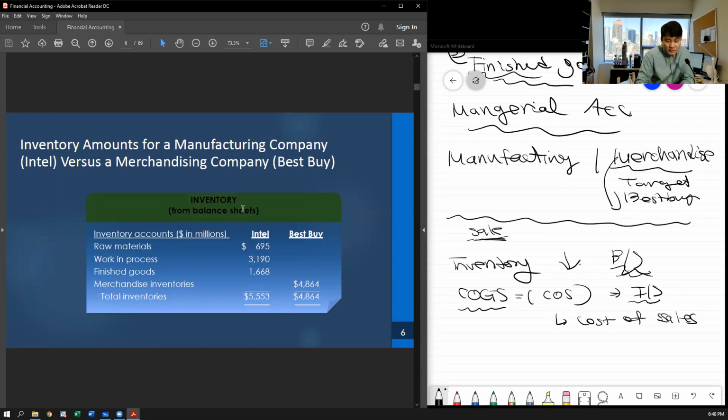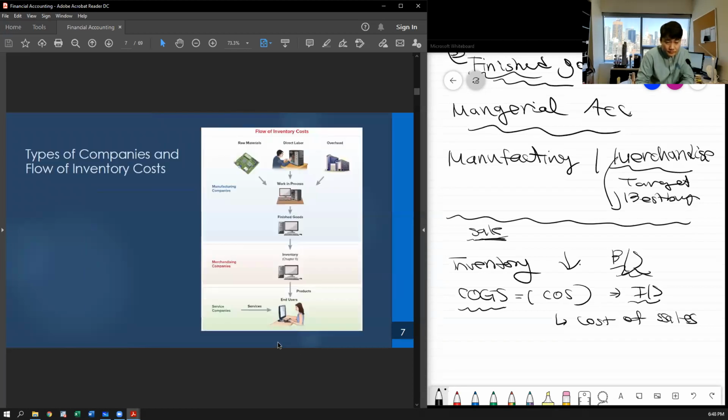If you're a manufacturing company, just like Intel, there will be raw materials, work in process, and finished goods to give you the total inventories amount. Whereas for Best Buy, which is a retailer, you're just going to report this inventory in a lump sum amount. Okay, that's the difference.